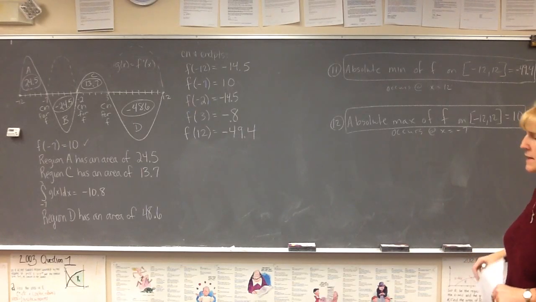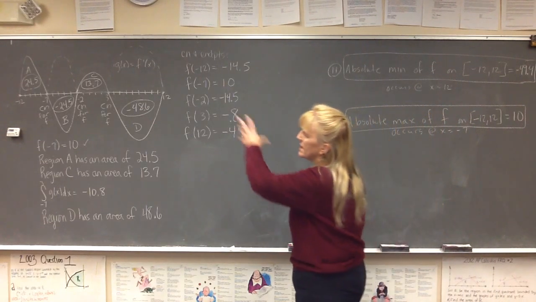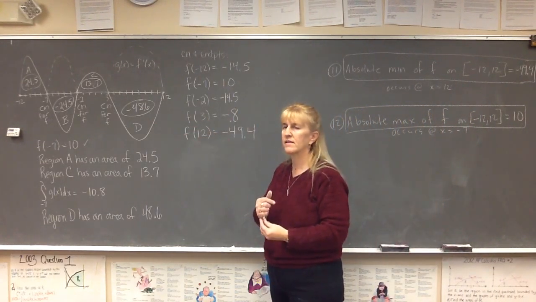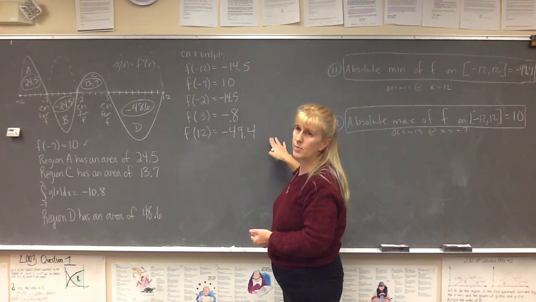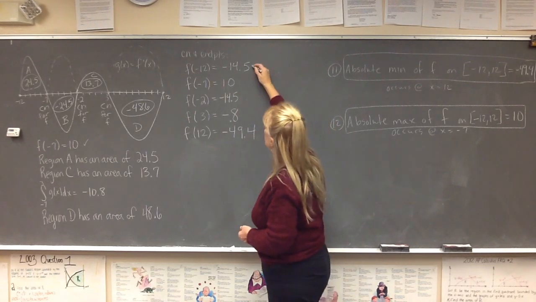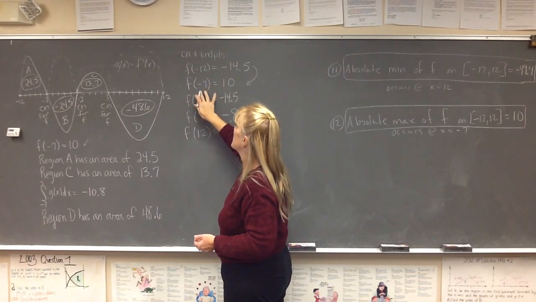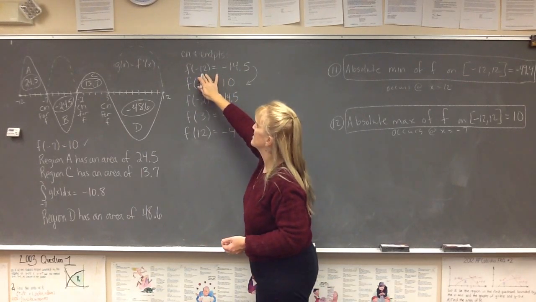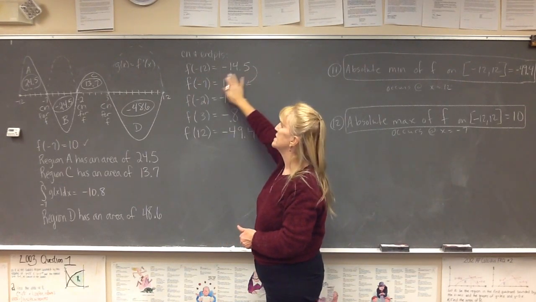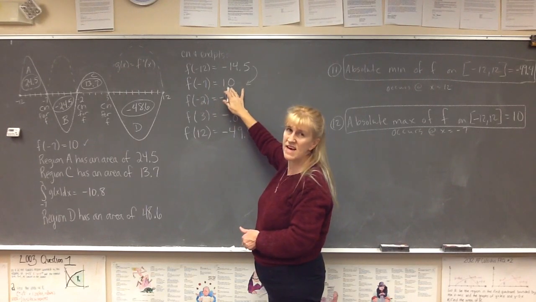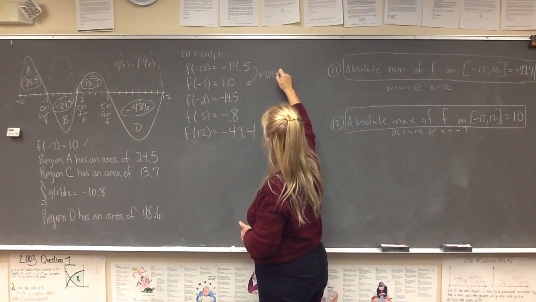Okay. Let's just double check and make sure we understand what all these numbers mean and how it relates back to the graph. And let's do our check this way. We have all our critical numbers lined up in order with our endpoints, okay? And we are going to look and see what's happening on the function f between negative 12 and negative 7. I can tell that when x is negative 12, my function is down at negative 14.5. But then when x is negative 7, my function is at 10. So I've just increased by 24.5.